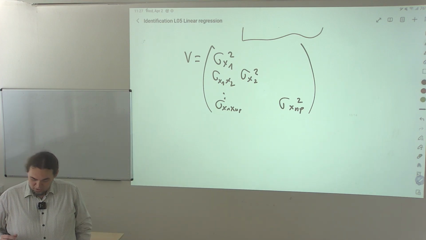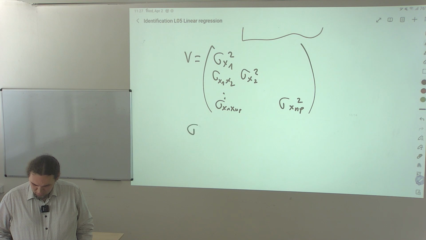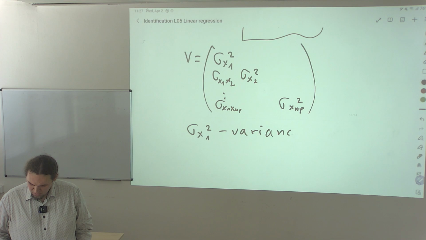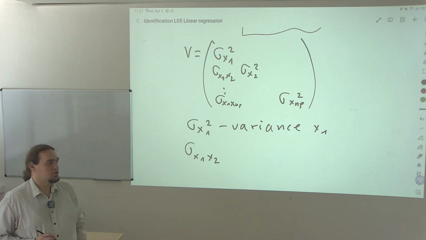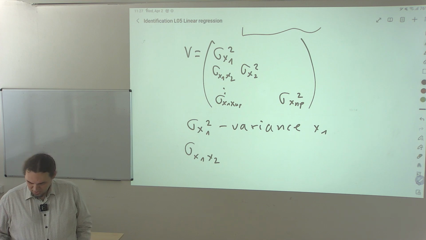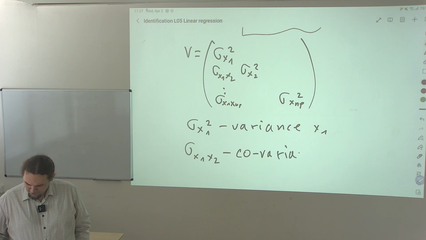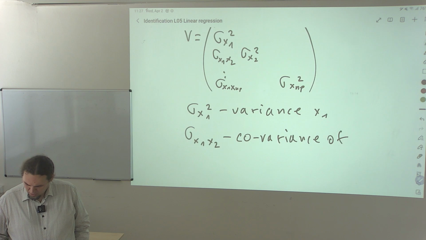If the x1 squared term is the variance of x1, then these cross terms, for example sigma x1, x2, will be the so-called covariance, the covariance of x1 with respect to x2.